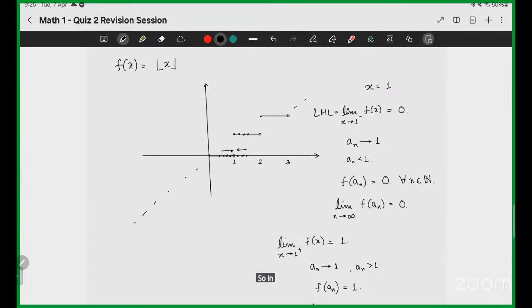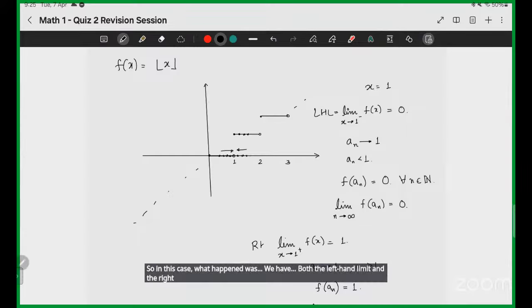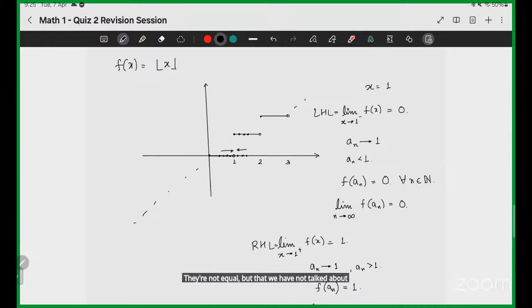So in this case, both the left-hand limit and the right-hand limit exist. They're not equal, but that we have not talked about yet. This is just telling you how to compute the left-hand and right-hand limit.